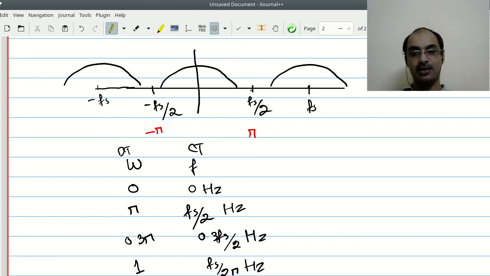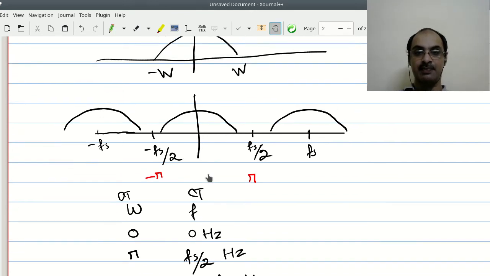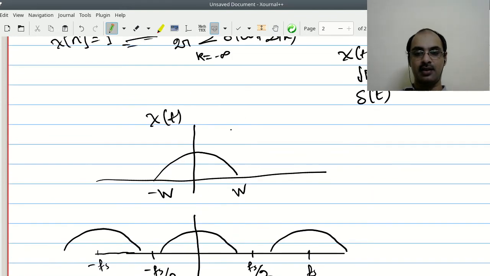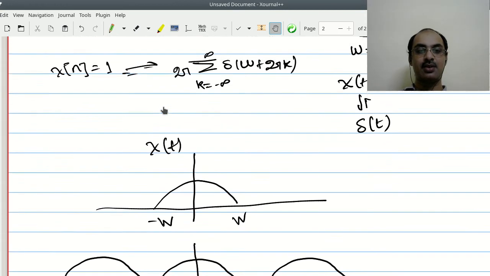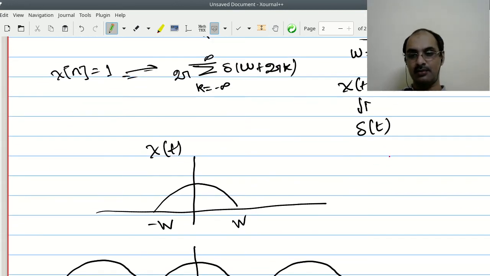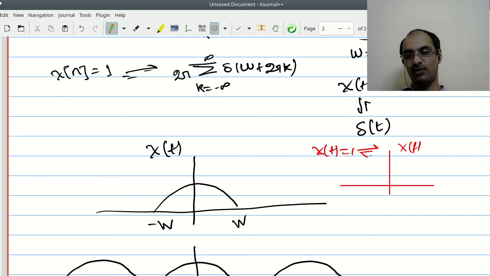Now let's go back to when you connect the discrete time and continuous time. Now let's go back to our xn equal to 1. The xn equal to 1 corresponds to x of t being the DC. So let's say x of t is equal to 1, that means its Fourier transform will be this impulse.